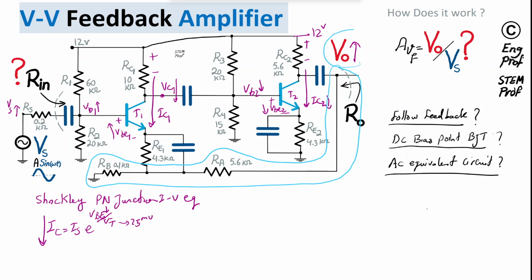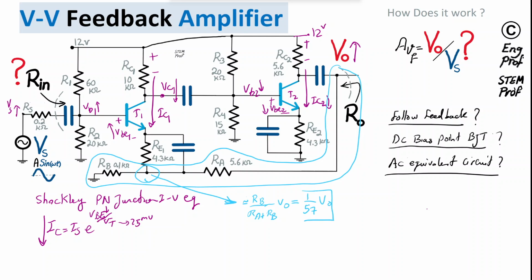So V out is sampled by this wire, and then at this node here, a fraction of that sample, which is roughly RB over RA plus RB times V out, which is effectively 0.1K divided by 5.7K, so 1 over 57 V out.